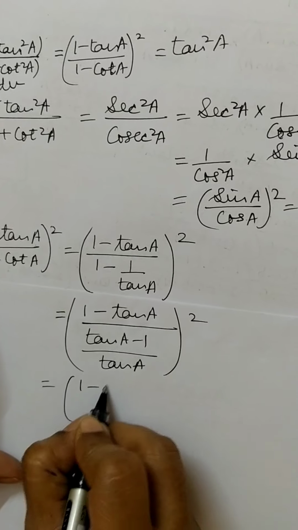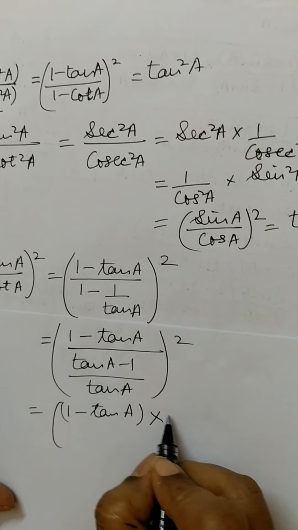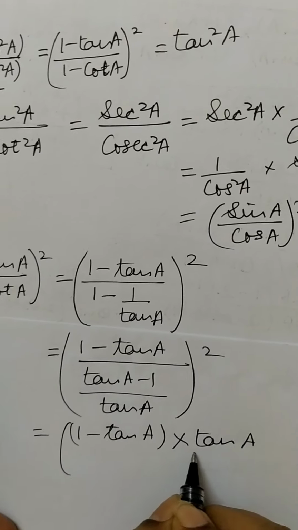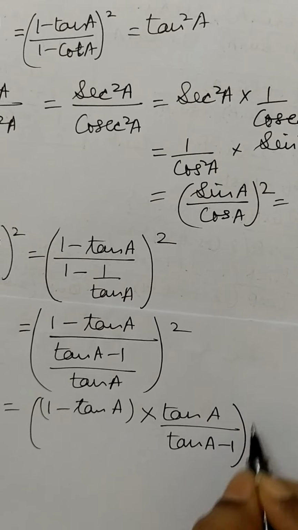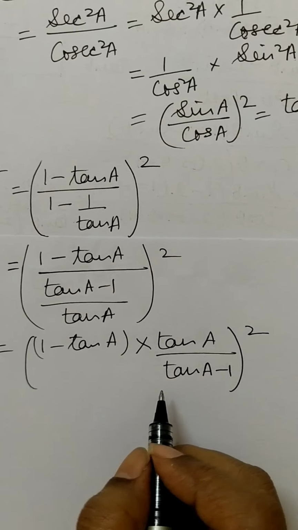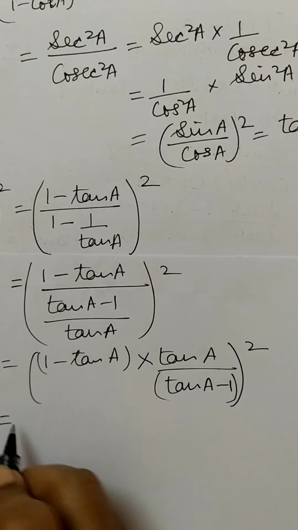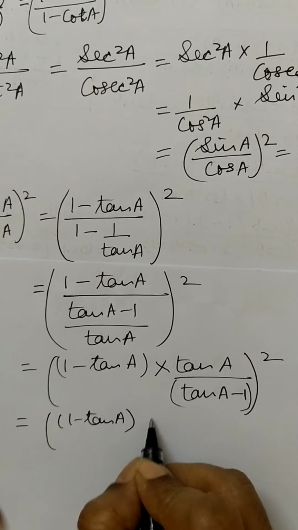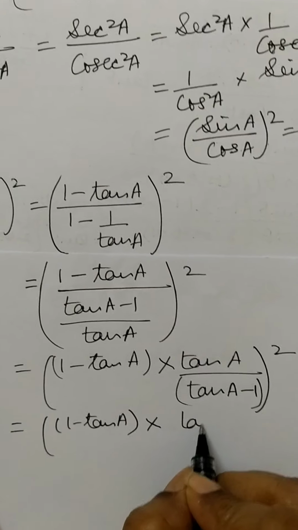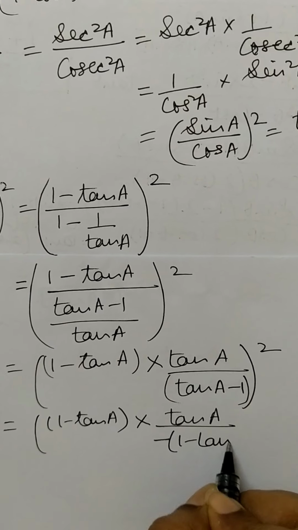We can write this as 1 minus tan A into tan A upon tan A minus 1, whole square. Now if we take the minus sign common from here, it will become 1 minus tan A into tan A upon minus of (1 minus tan A).